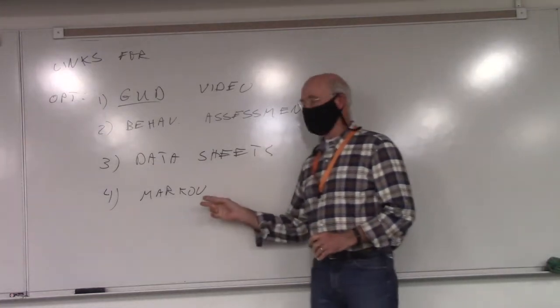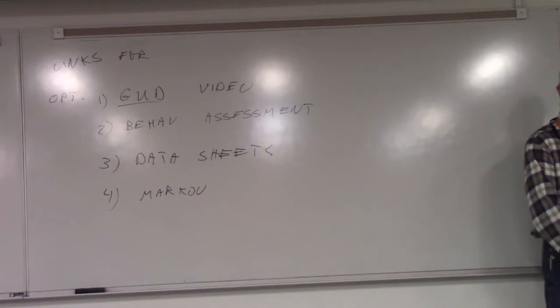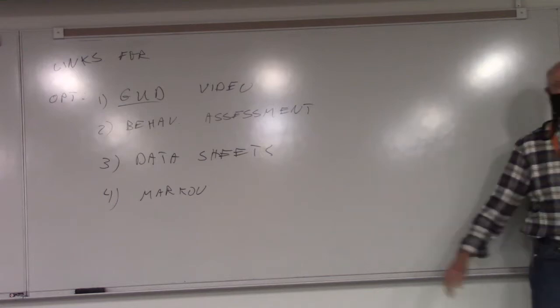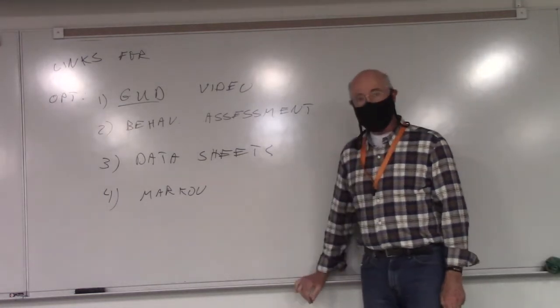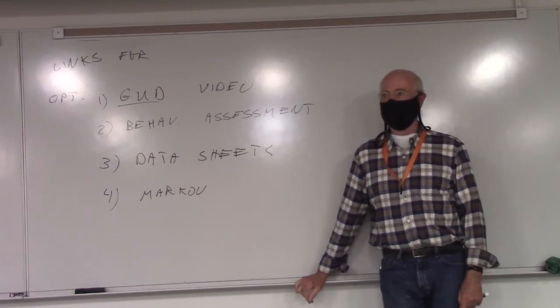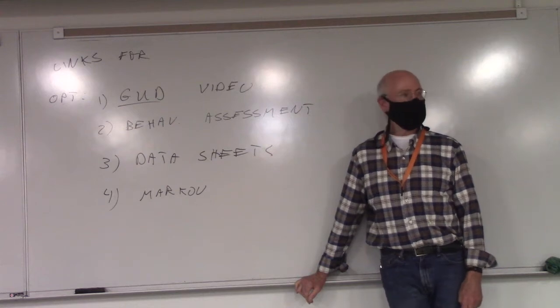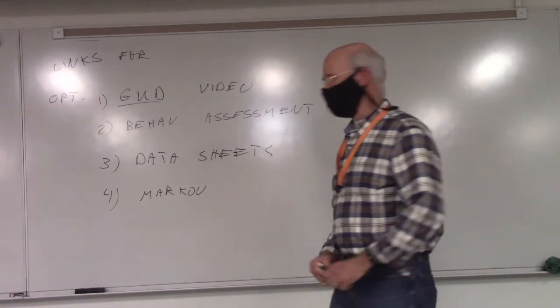On the web page is this link to an Excel file that does all of the Markov analysis for you. All you have to do is put in your sequence data, right? And once you've put in your sequence data, it does all the computations necessary for you.